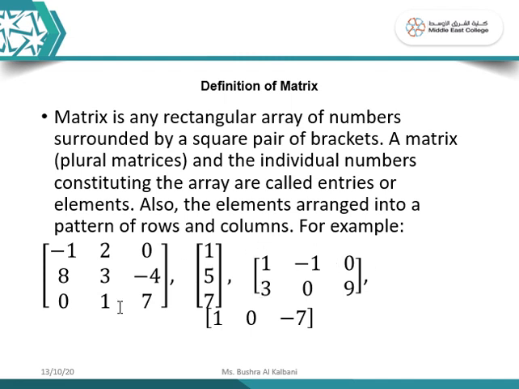If you want to write a matrix, you have to write it in square brackets. Also, when you want to name the matrix, you have to use a capital letter.